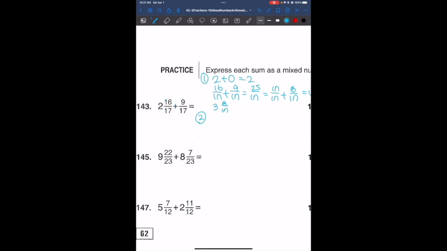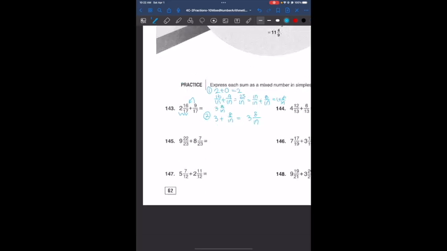And so to make 2 and 16 over 17 a 3, we only need to add 1 over 17. So we're going to do 3 plus 8 over 17 since we brought 1 over 17 to complete this into a 3. And so we can straight up say that that's 3 and 8 over 17.